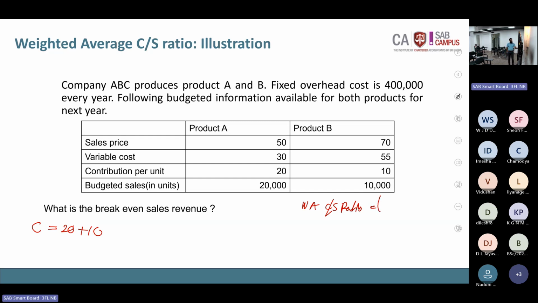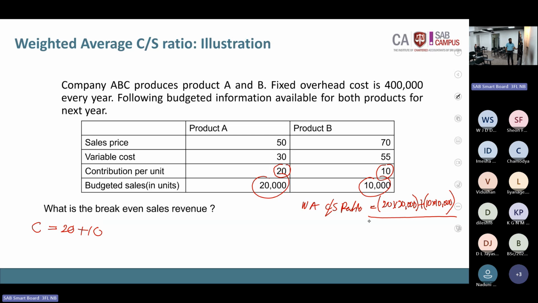Here we have the contribution of 20 into 20,000 units that we have produced, 20 into 20,000, plus the next product 10 into 10,000. So this divided by the total sales.